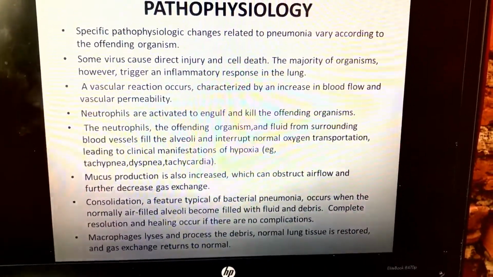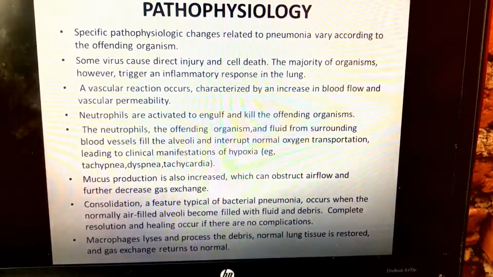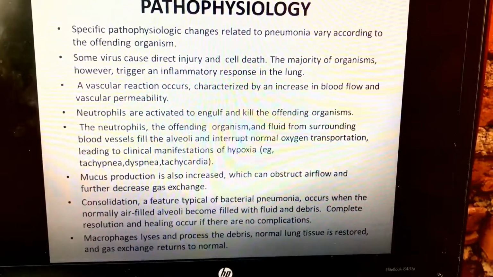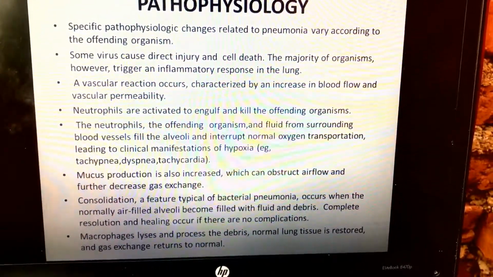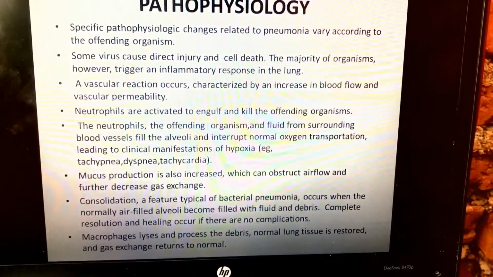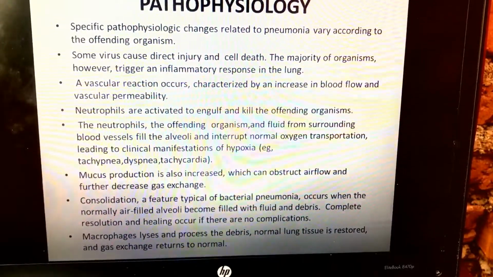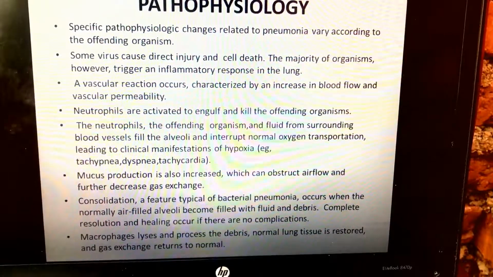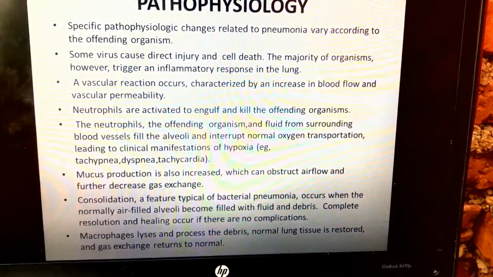A vascular reaction occurs, characterized by an increase in blood flow and vascular permeability. Neutrophils are activated to engulf and kill the offending organism. The neutrophils, the offending organism, and the fluid from surrounding blood vessels fill the alveoli and interrupt normal oxygen transportation, leading to clinical manifestation of hypoxia.